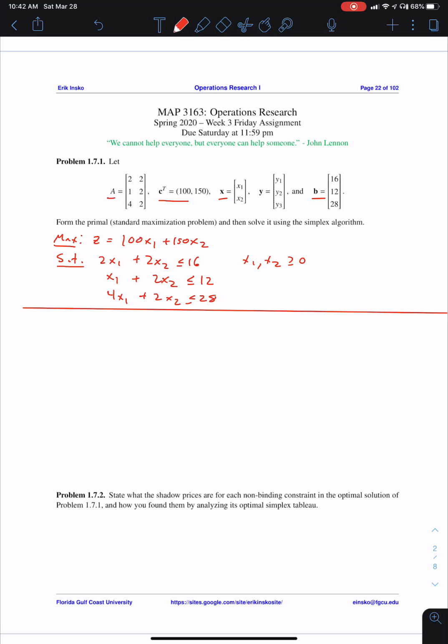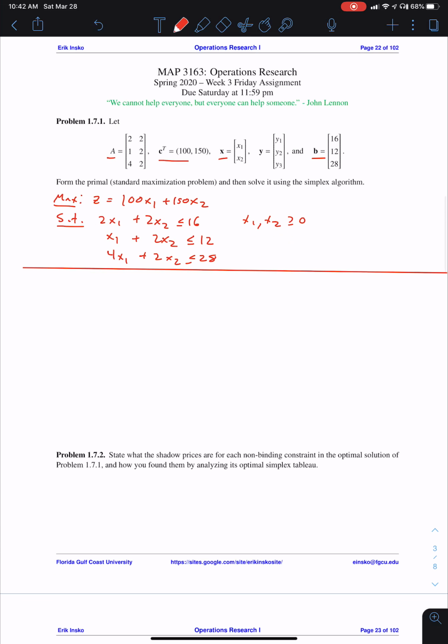Now we need to plug it into the simplex to get a solution. We first start by putting it in the initial tableau, moving the objective function over to the left side of the equation, so moving the 100 x1 and 150 x2 to the left side, and adding slack variables to the constraints. So it produces a tableau like this. We have rows 0, 1, 2, 3.